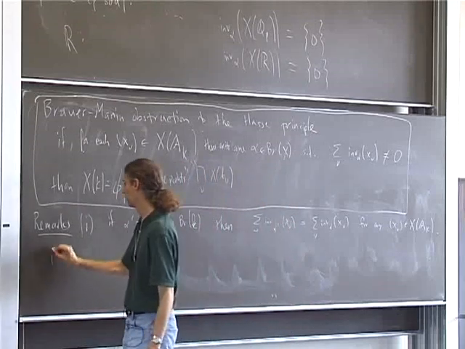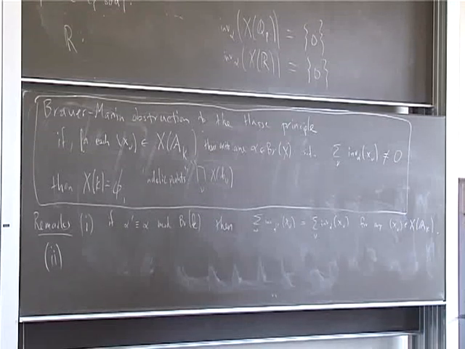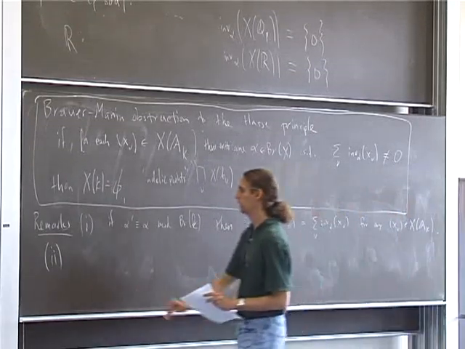And the second remark says that essentially there's only a finite amount of work to do. There are infinitely many primes, but you can ignore all but finitely many of them.